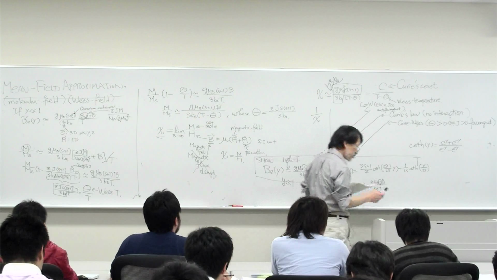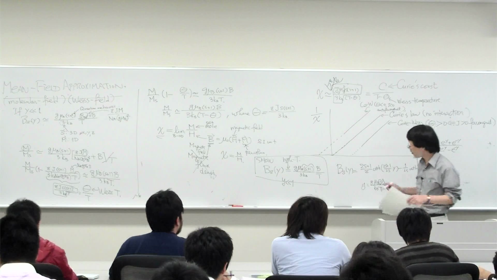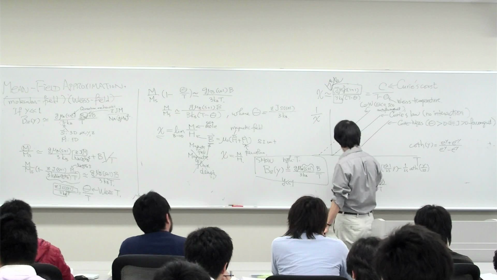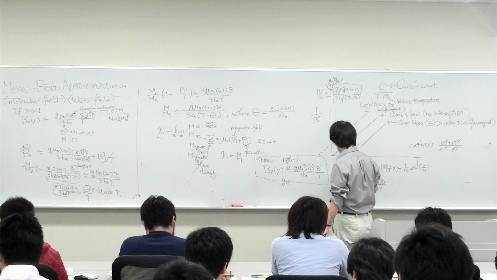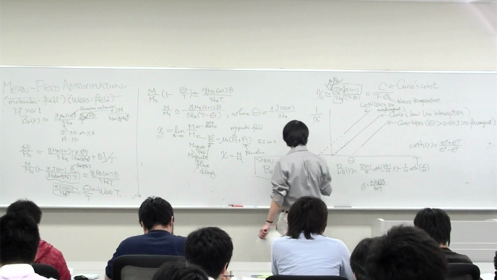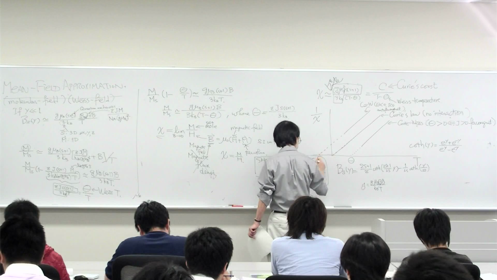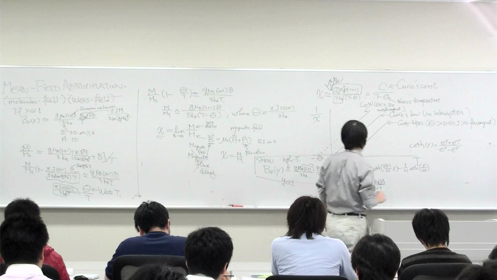Before moving on to the low temperature behavior, let me point out a couple of things. This is theta, and this is also theta, depending on whether theta is negative or positive.